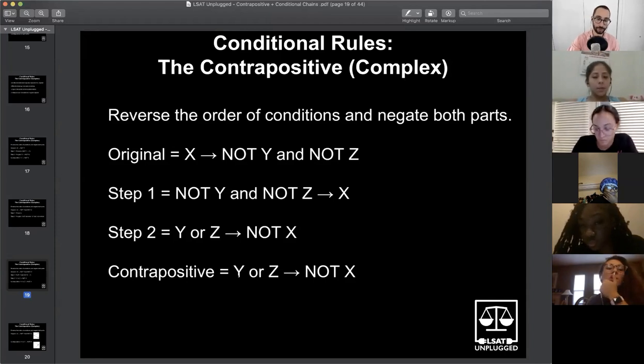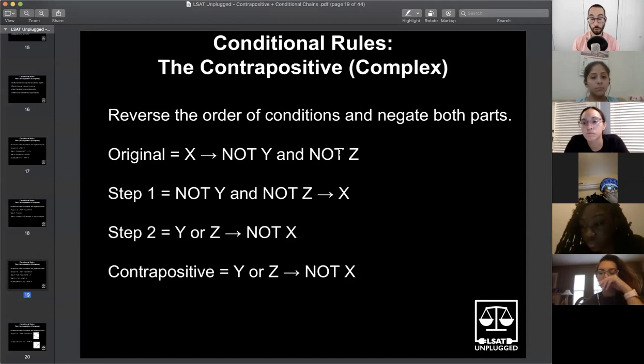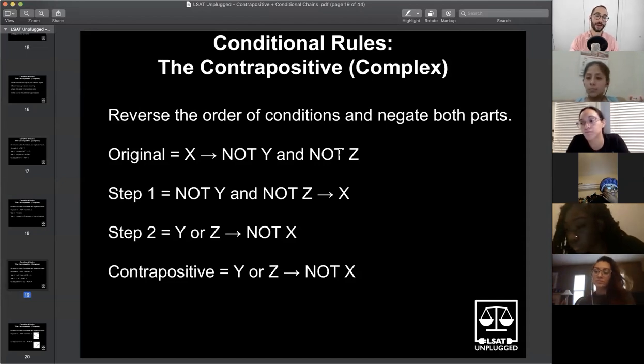Looking at the contrapositive chain, we can make inferences regarding what happens when Y is in, as well as when Z is in, as well as when both of them are in, but we cannot infer anything about what happens when X is out. And we also cannot infer anything about what happens if we're told Y is out or if Z is out, or if both of them are out. That wouldn't carry forward anywhere because there's no arrows stemming from those variables going forward. You can only follow the arrows in the direction in which they're pointing.